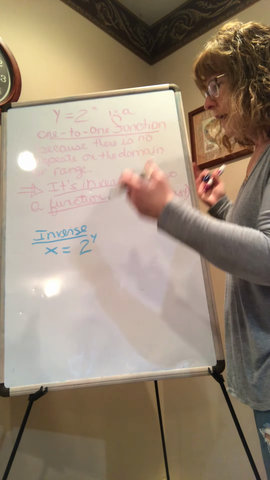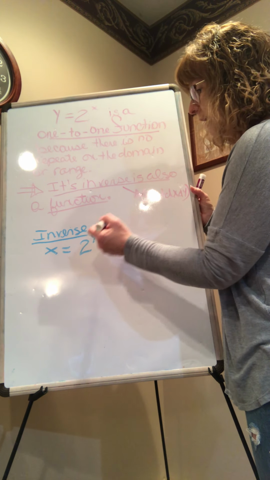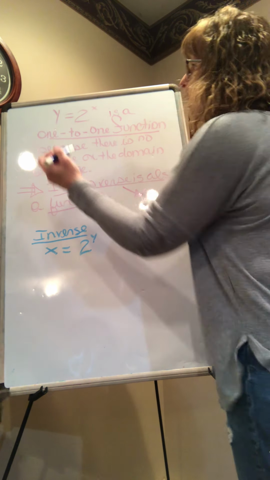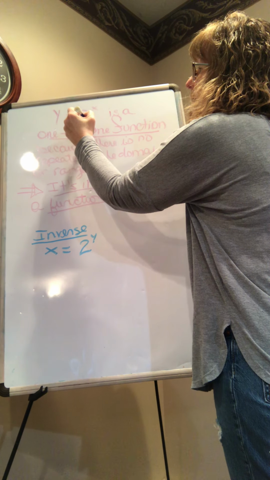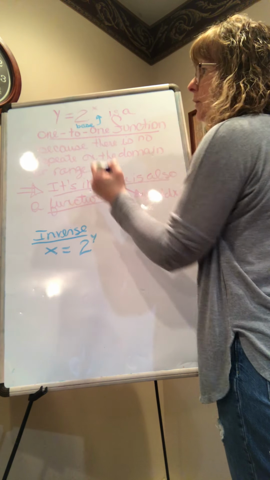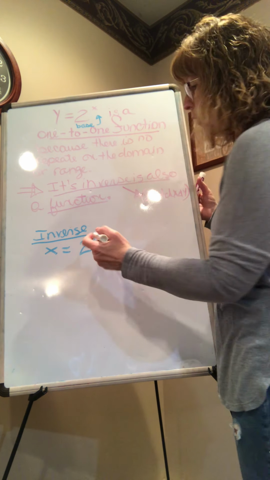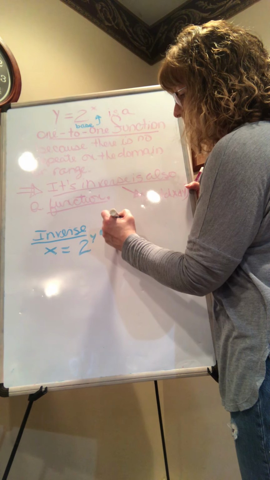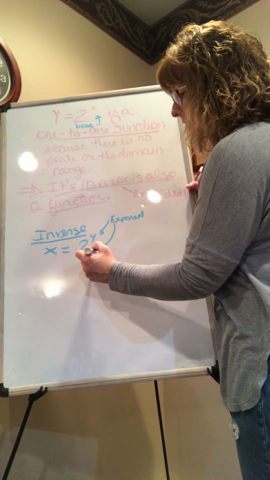So we said, if we now read from the exponent, this is the difference that I was talking to you about. Exponents, we read from the base up to the exponent. But when we now talk about a logarithm, we're reading from the exponent down to the base.